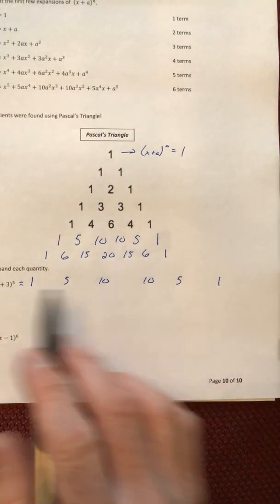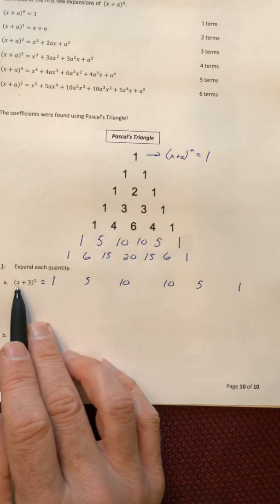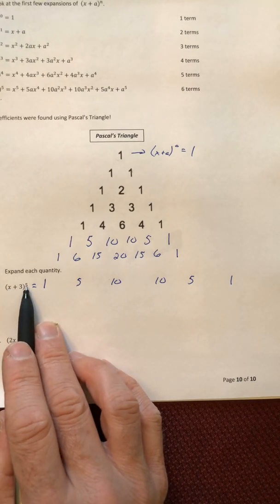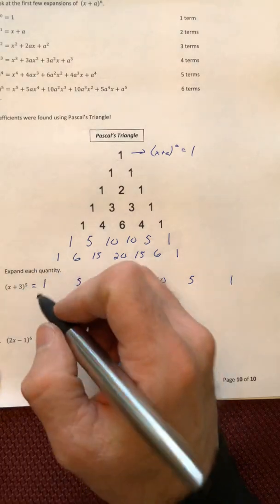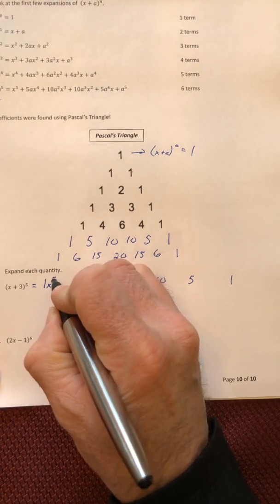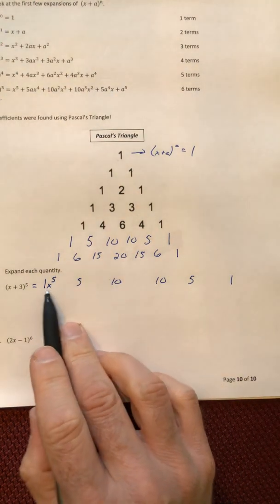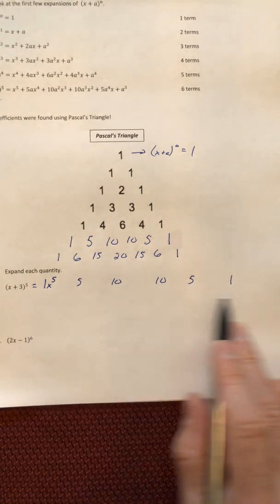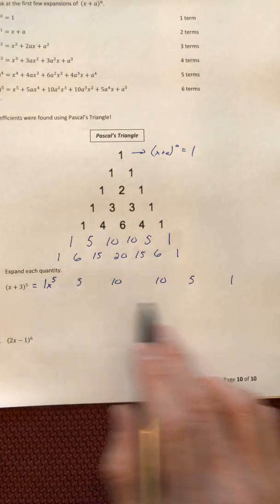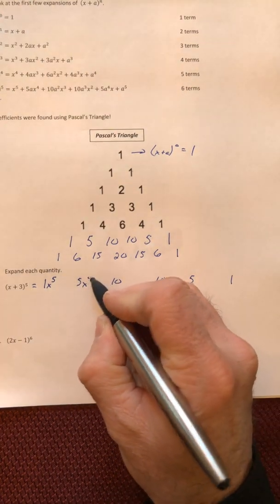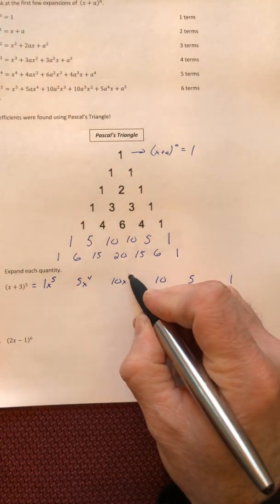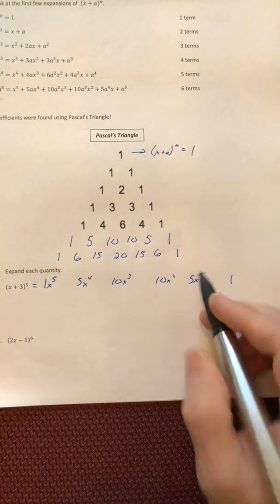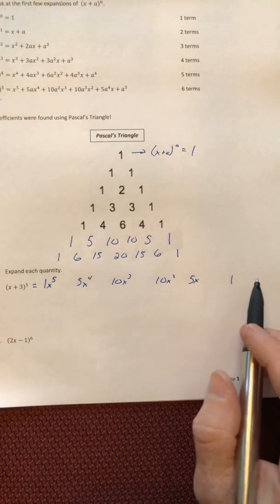It's pretty simple. Start with the first term, take the x, and raise it to the power that's on the outside, so the power of 5. So x to the 5th. Then you decrease the power all the way down as you work your way to the right: x to the 4th, x to the 3rd, x squared, x to the 1st, and then x to the 0 or no x.